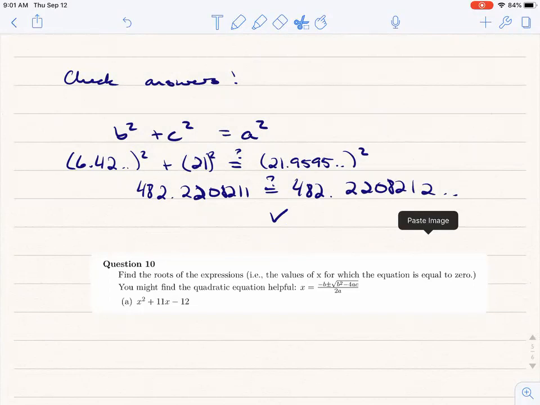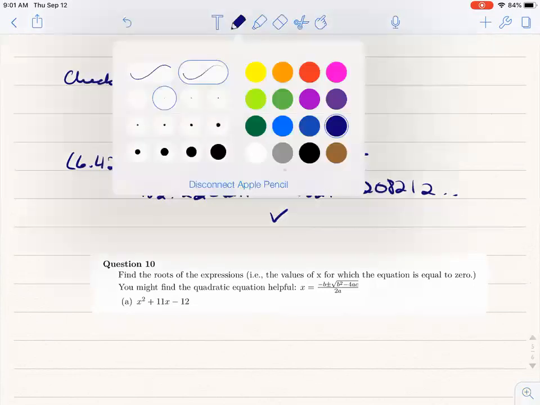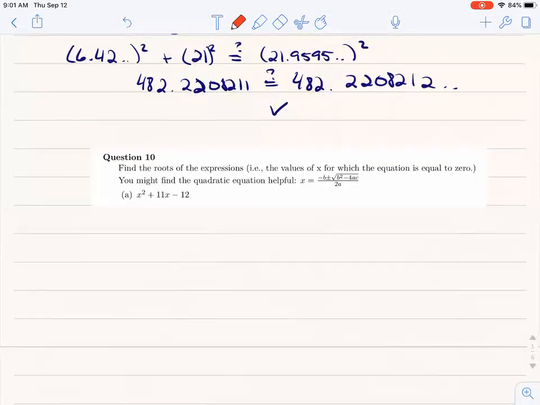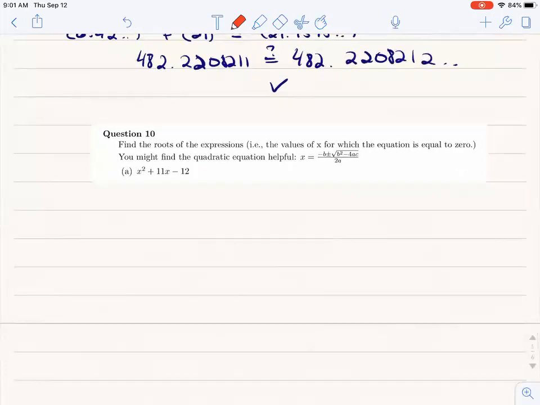But there were a lot of blanks. So if you feel like you need more practice, you can look at factoring practice. And as long as you have an x squared and no higher term than an x squared, you can use the quadratic equation. Okay.